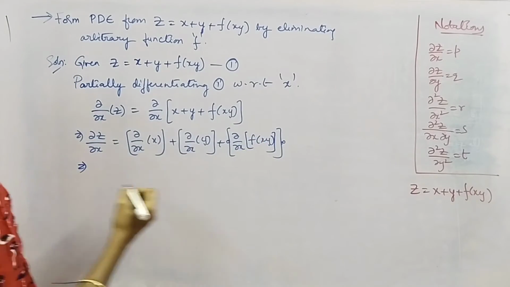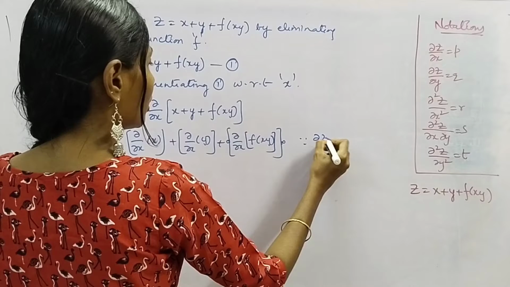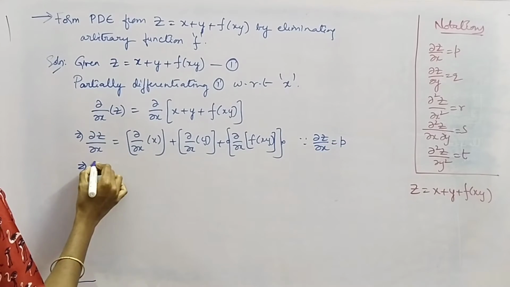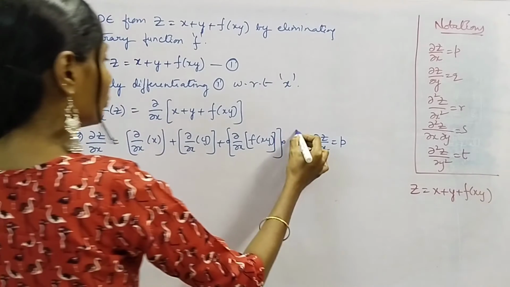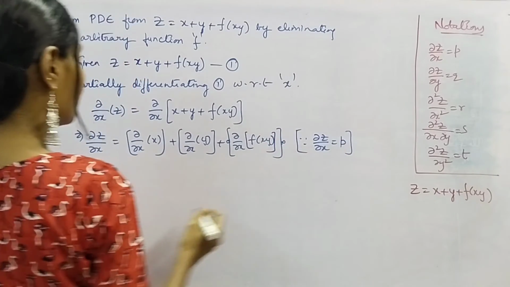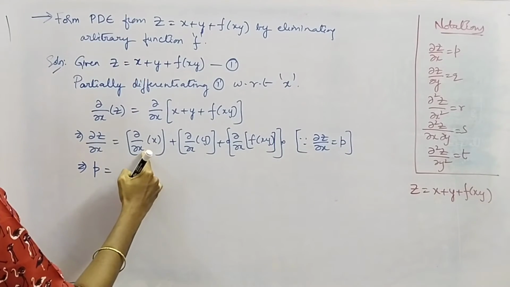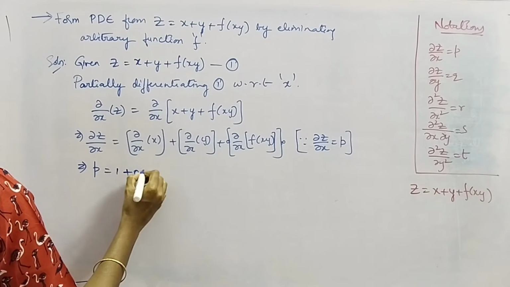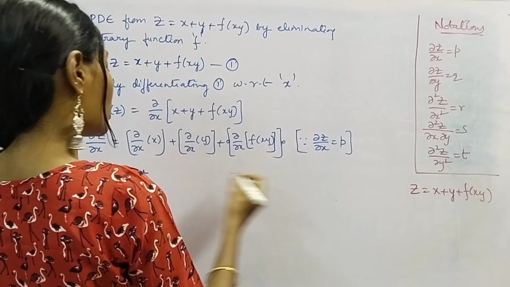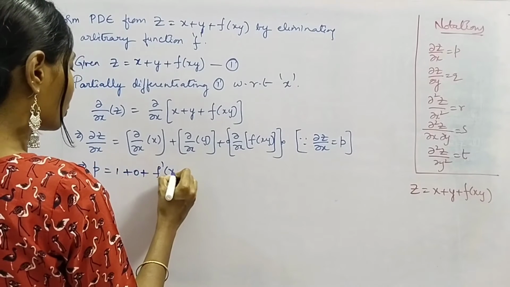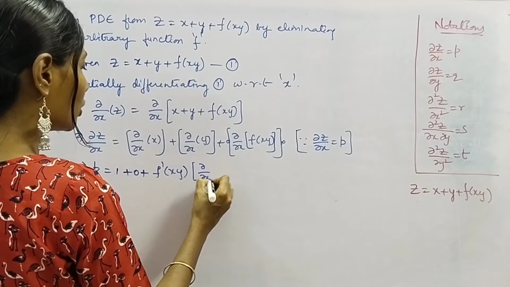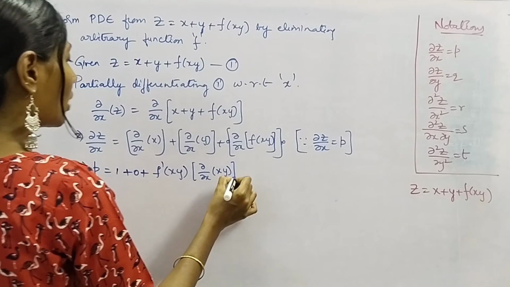Since we have the notation dou z by dou x equal to p, let's replace it by p. We'll get p equal to the partial derivative of x with respect to x, which is 1, plus the partial derivative of a constant with respect to x, which is 0, plus the partial derivative of f of xy, which is f dash of xy into the inner derivative, that is dou by dou x of xy.